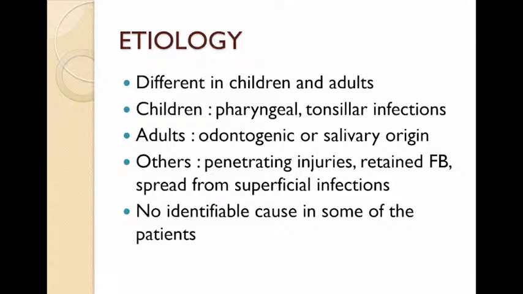So etiology is different for adults and children, with children being pharyngeal or tonsil infections and adults being odontogenic or salivary in origin, okay? Most common for all of them would be maybe penetrating neck injuries, those of you who eat biros or pencils, getting them stuck inside the throat, or you're having a toothpick in your mouth and you swallow it, but instead of it going down your throat, it goes and lacerates your pharyngeal wall.